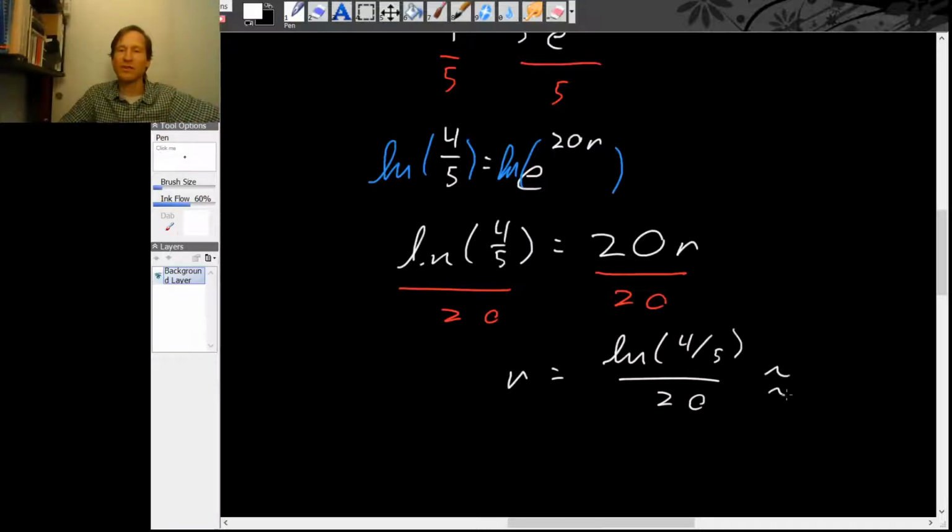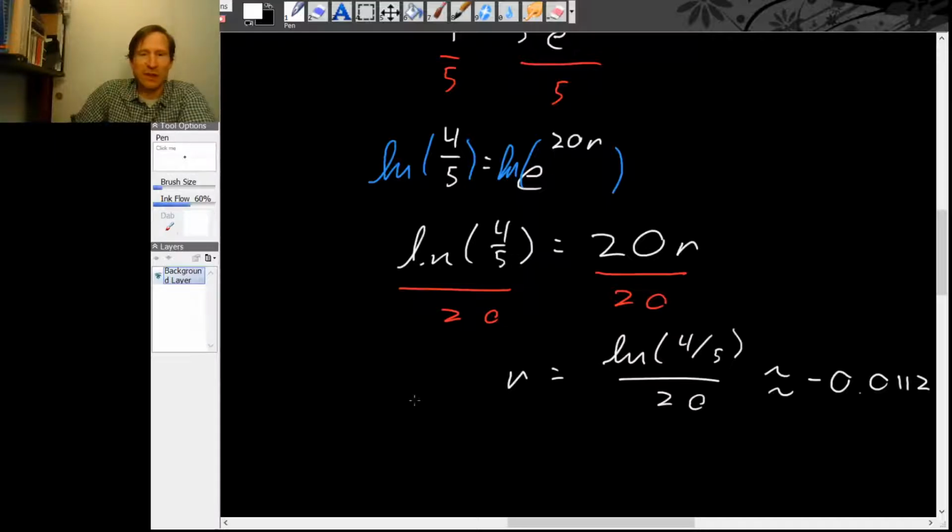And if you like, you can find a decimal approximation for this. So natural log of 0.8 divided by 20, I get negative 0.0112. It's actually 0.01115 and then some more digits, but let's just round it to the fourth decimal place.